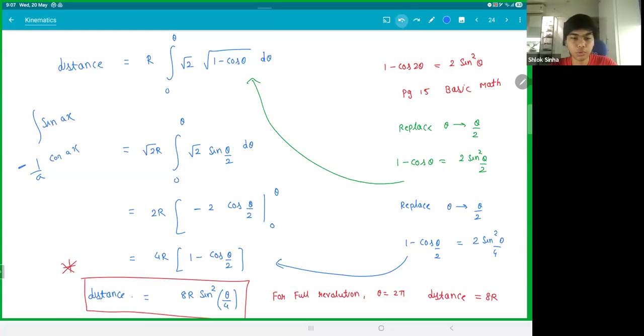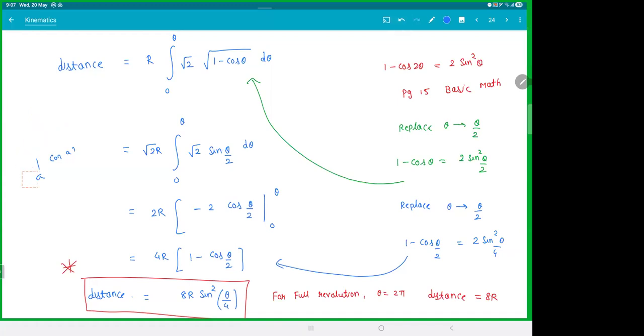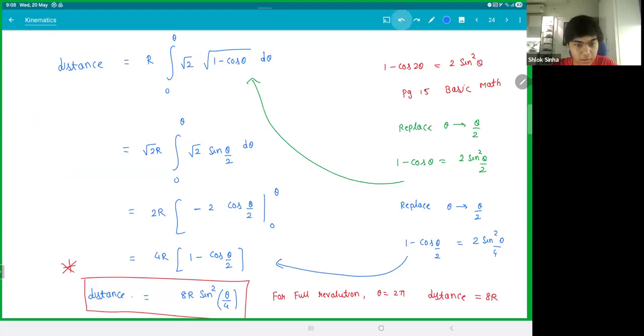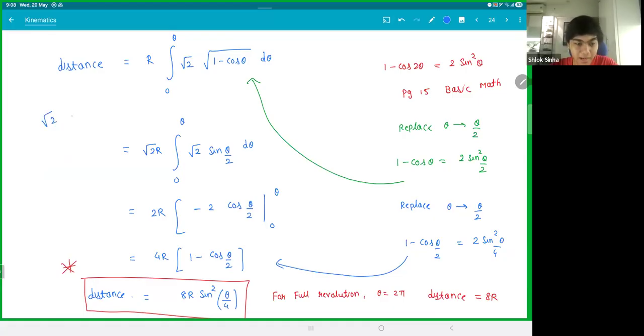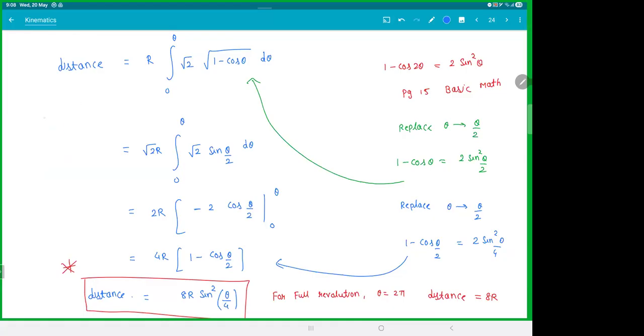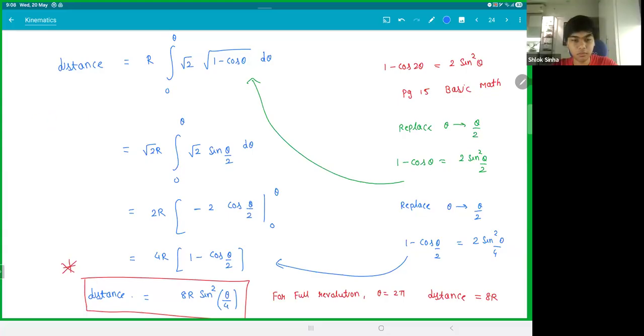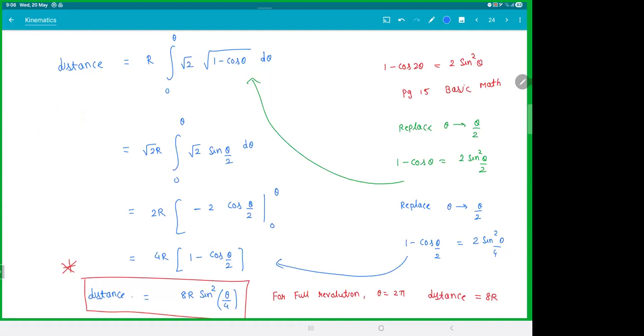But then how does the root 2 become 2? Because there's one more root 2 sitting outside. Oh, so we can just multiply it like that. Why can't you multiply 2 root 2's? You don't like roots? Sir, I thought because it's in the brackets, you can't or something. Why can't you? If you have a constant into a function, won't the constant come out of the integral? Yes, sir. Comes out, no? So there. Clear with that? Yes, sir. I thought you hate roots, so it's okay. And it is fine.